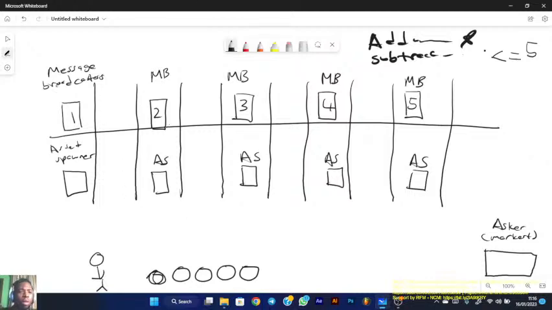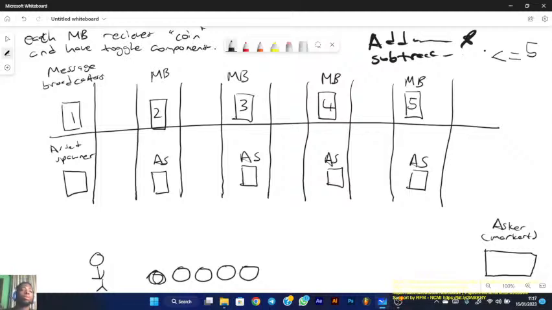So each of the message broadcasters receives the message coin, and they have toggle components.